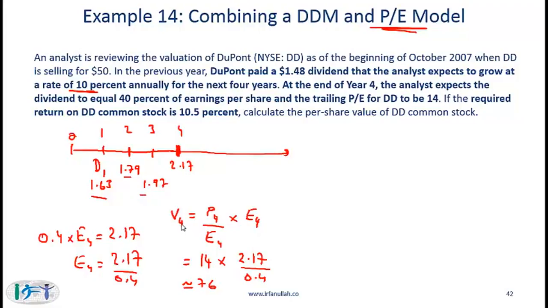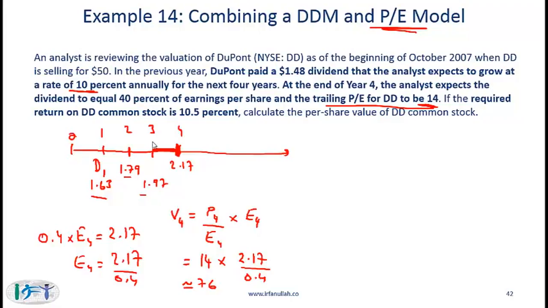Assuming that the value is an unbiased indicator of the price at the time, we can say that the value at period 4 is the trailing PE ratio at period 4, multiplied by the earnings for period 4. The trailing PE ratio at the end of period 4 is 14, that's given. So P4 over E4 would be 14.